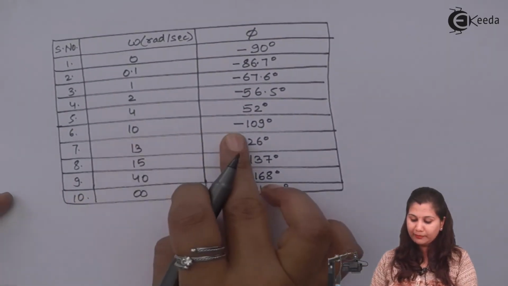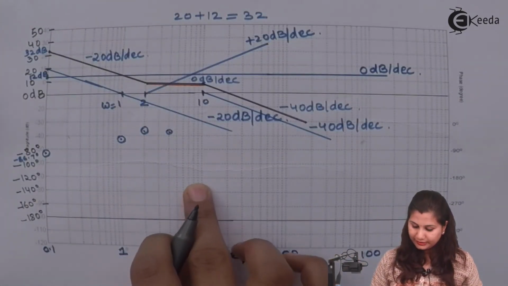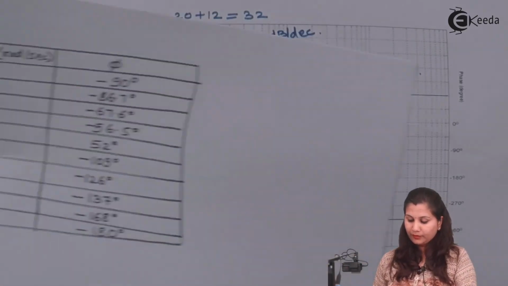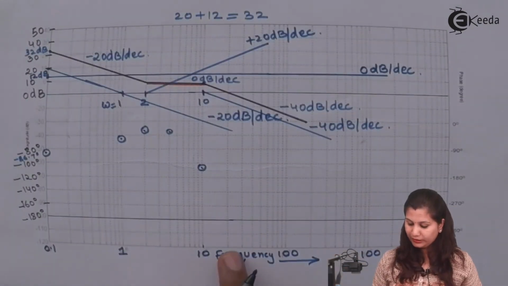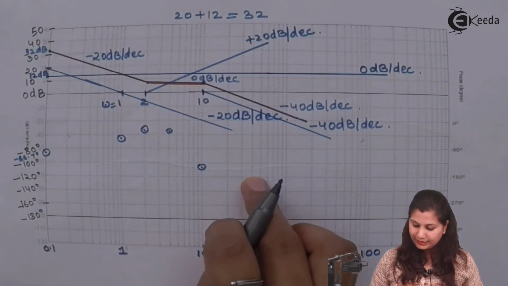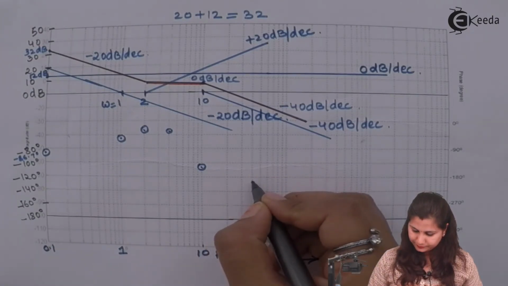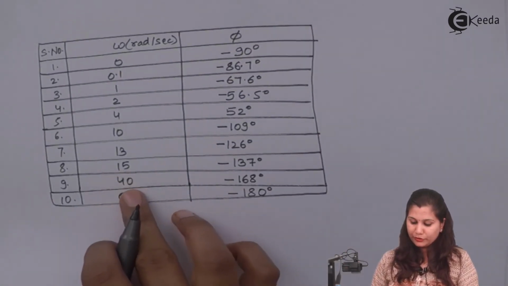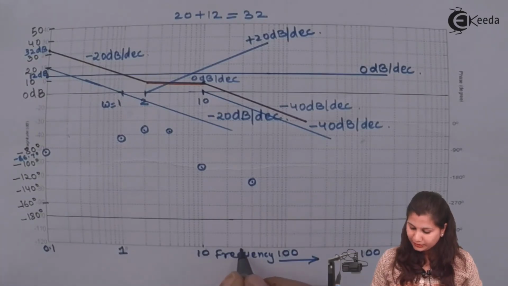Omega equals 10, minus 109. So 10, minus 109 will be here. Omega equals 13, minus 126. So 11, 12, 13, and it is minus 126. Omega equals 40, it is minus 168. So it is 10, 20, 30, 40.